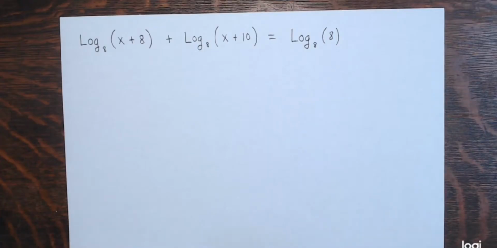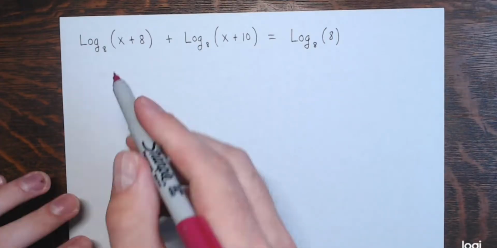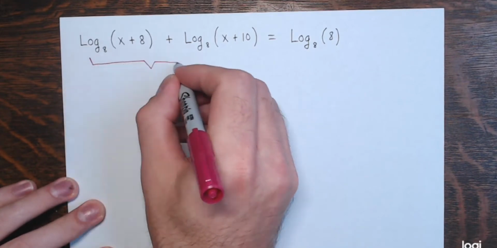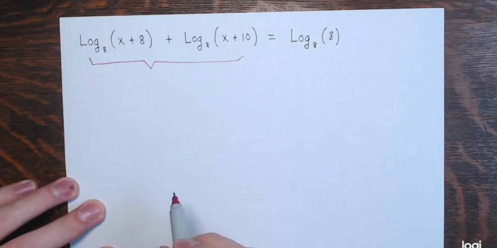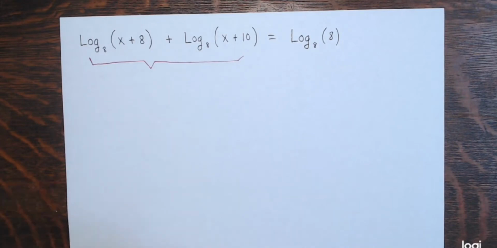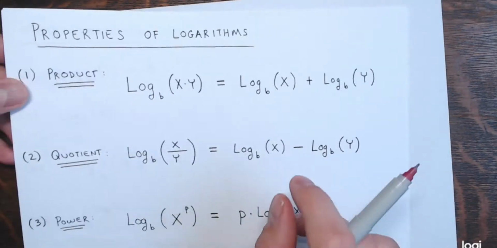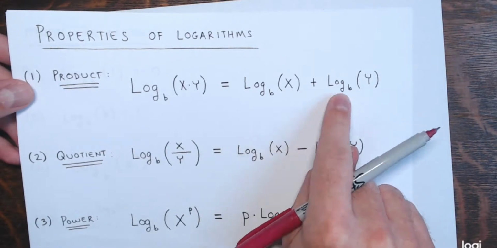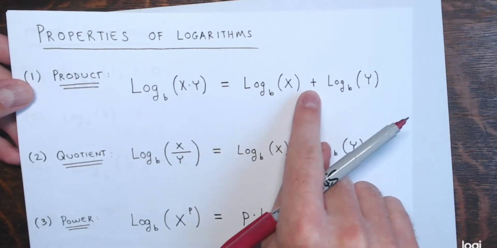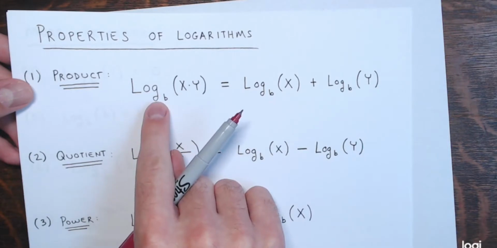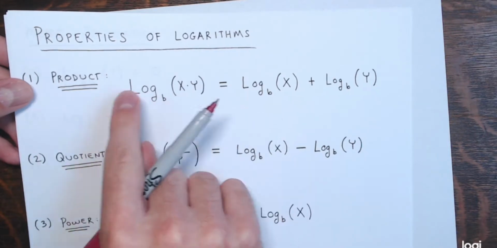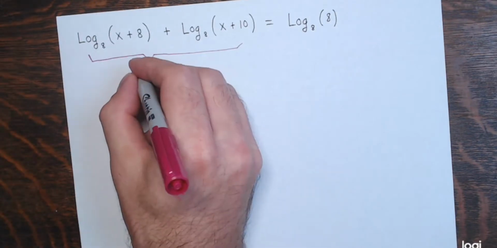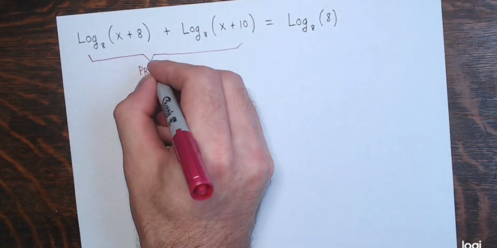So if you look at the left side, I've got the sum of two logarithms. Well, if you ever see the sum of two logarithms with the same base, you can put them together and make the log of a product. This is that product property of logarithms. So I'm going to write product for using the product property.